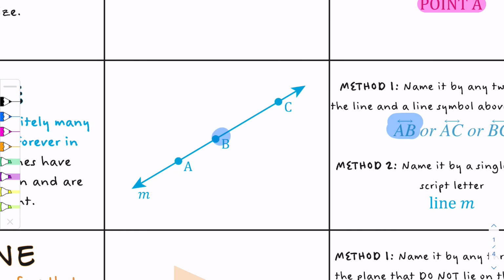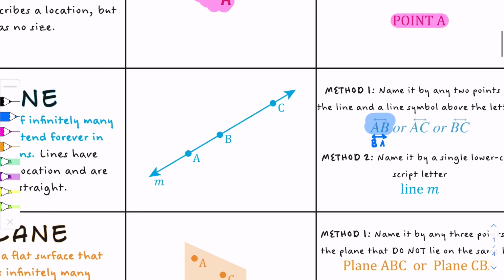You could label it BC. You can switch the order of these points. So instead of labeling it, for example, AB, you could label it BA. There's multiple different ways that you can use 2 points on the line and use them to label it. The second method is by using the single lowercase script.